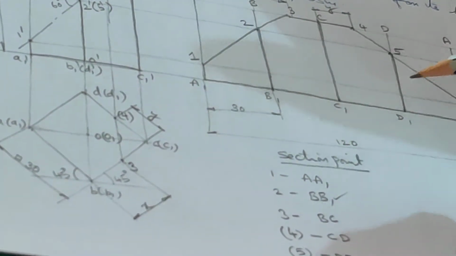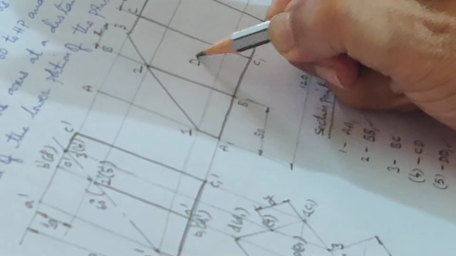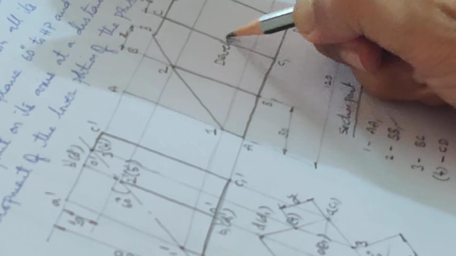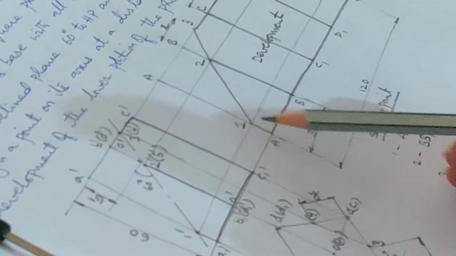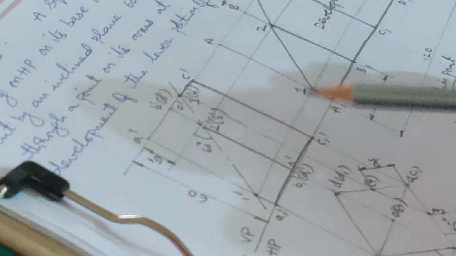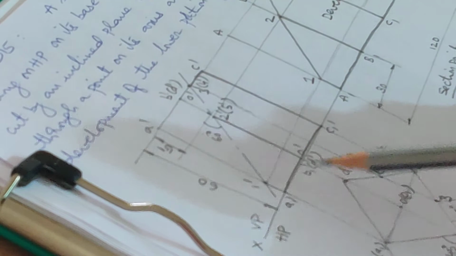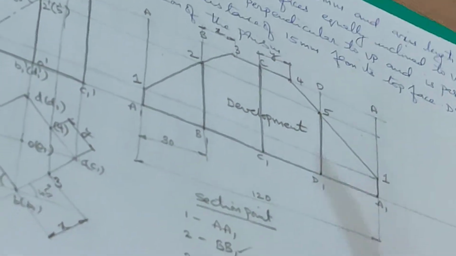These are the lines along which you fold the sheet metal. And whatever is the development, you should name it like this. That's very important. So you are going to cut the sheet along this boundary and then fold to get this lateral surface. So this is a waste piece. This is also a waste piece that will be shown light.